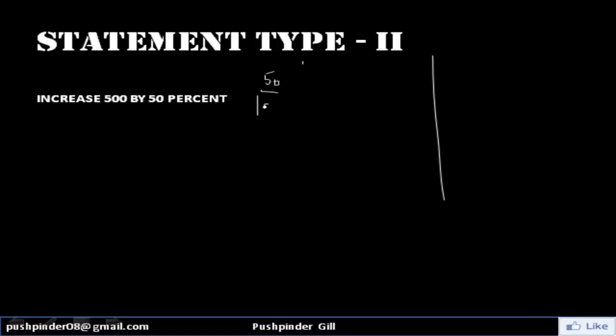That comes out to be 250. You calculate 50% of 500, and then you add that 500 to 250, and then you get your answer to be 750.